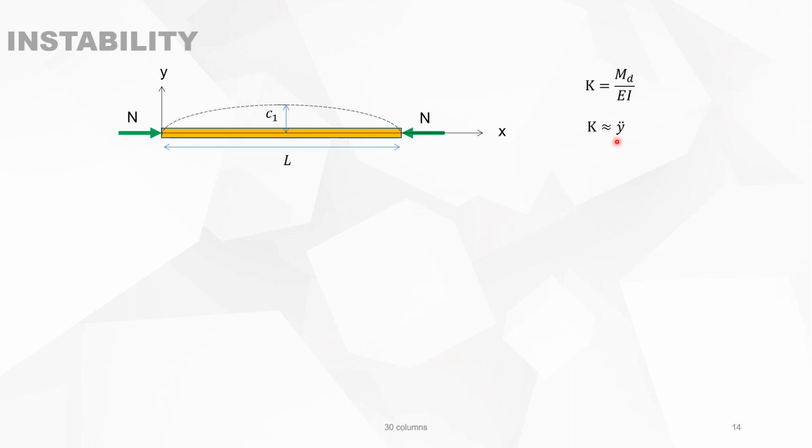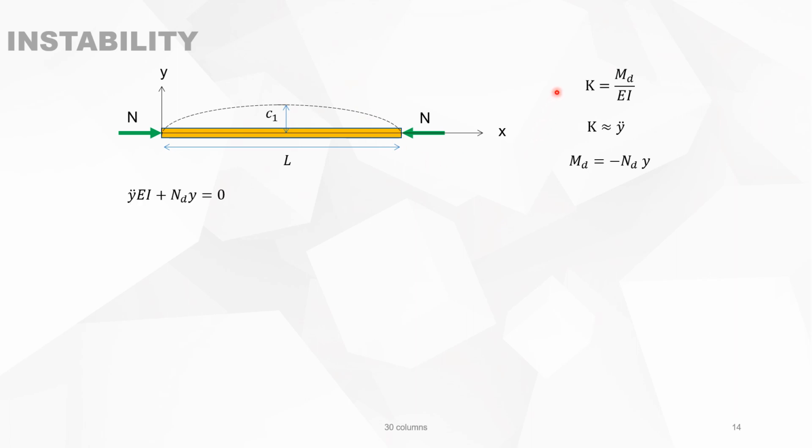We can substitute it in this equation, and we see that the bending moment MD is always ND times the deflection at any part of this column. It can be this one, this, or this.